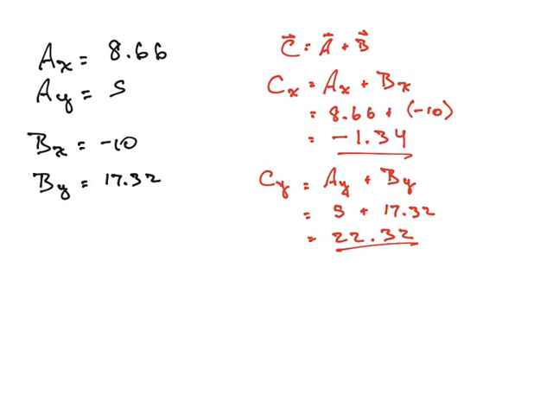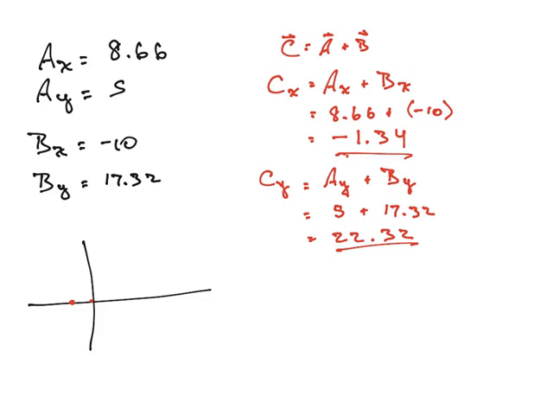Well, let's look at what this vector looks like. What does C look like if I were to draw it out? Here's C. The x piece is negative 1.34. That means in the x direction, I go to the left 1.34. And then the y component, I go 22.32.